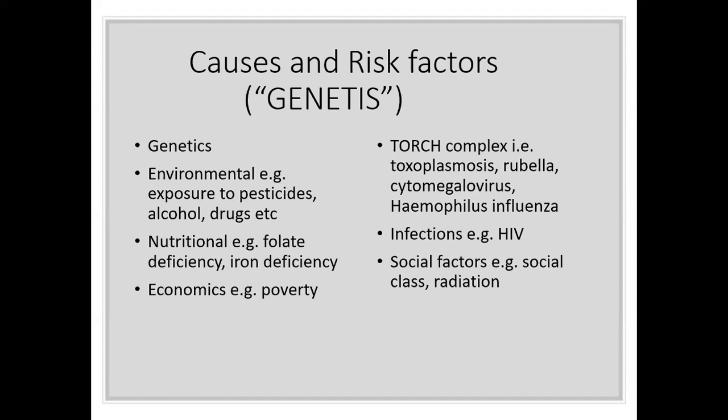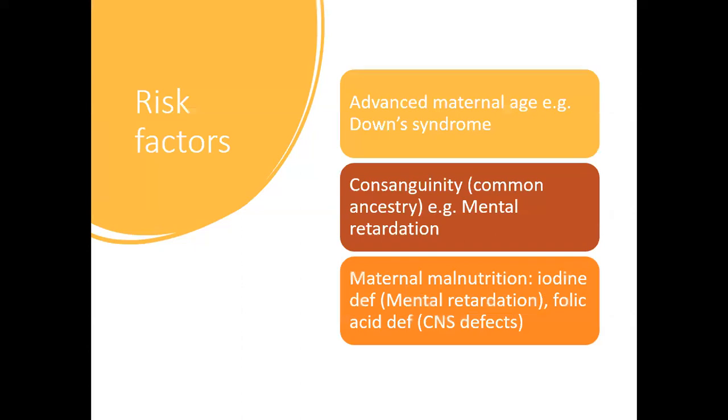There could be some social factors such as social class. Some congenital abnormalities are common in certain social classes more than others, or factors like exposure to radiation and occupational hazards, which also have to do with environmental factors. So generally speaking, these are some of the common causes or risk factors for development of congenital abnormalities among the newborn. Risk factors also include advanced maternal age.